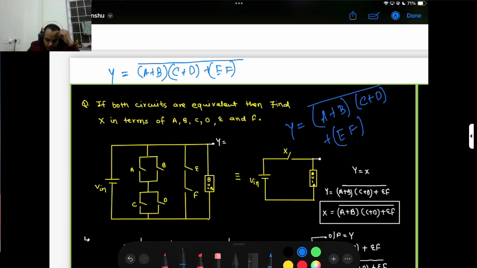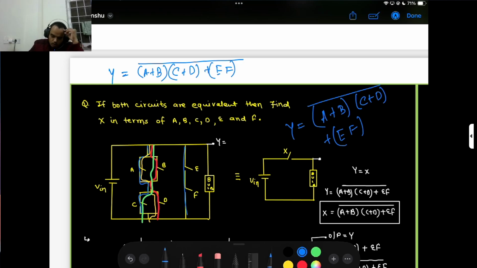So if either a or c, or a or d, any input like this way, my circuit will be off. Okay, now change the pen. Either this way my circuit will be off, either this way my circuit will be off, or either this way my circuit will be off.